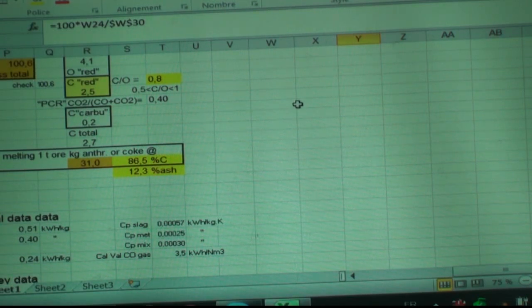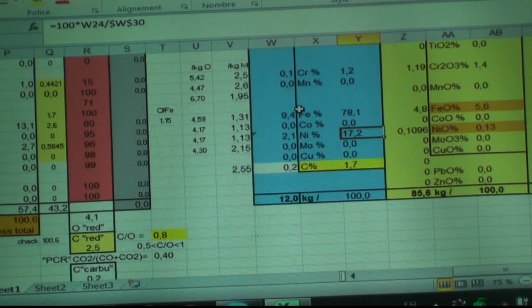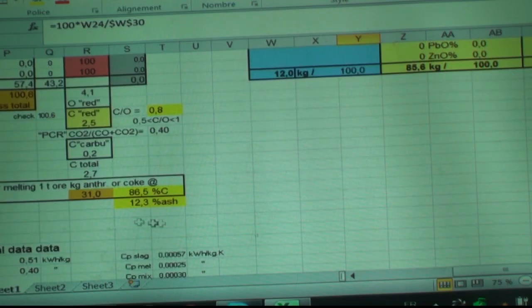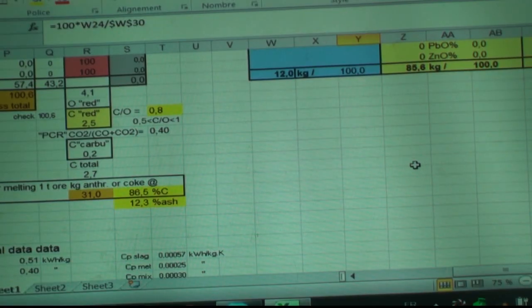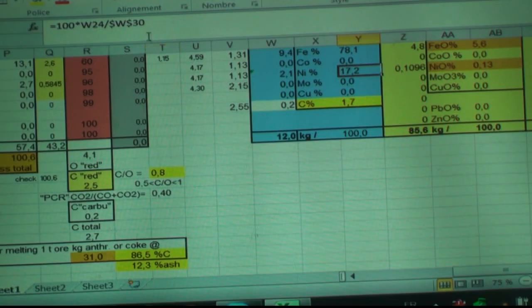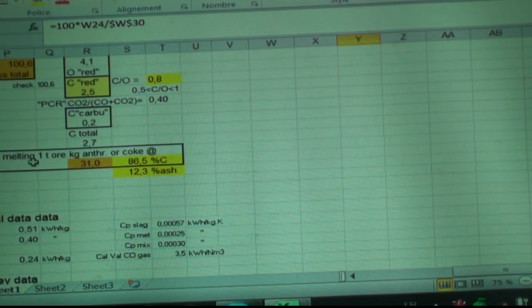So the meaning is we can change only this yield percent. We can only change. So yes, but okay. We can say also we can change the carbon, but the calculation is not made like this. The calculation is not giving the carbon as an input. It's giving the yield. But the carbon results in the calculation. You understand?